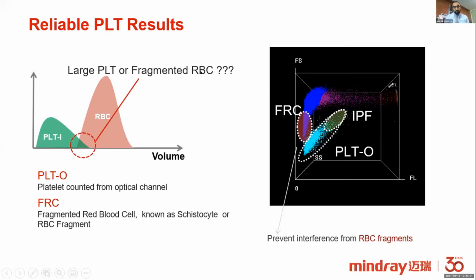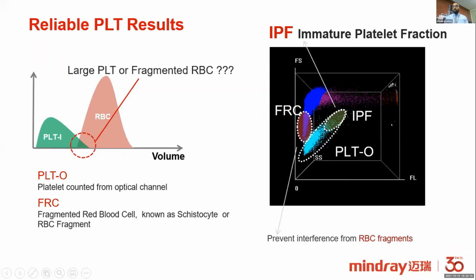That's why we move to optical counting. What is important with optical counting? We have a special dye and we stain the platelets, especially also for the immature platelet fraction.